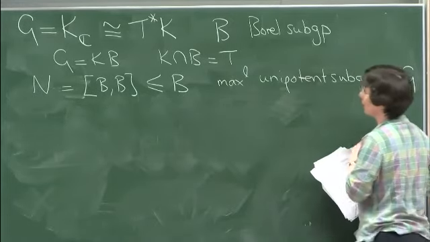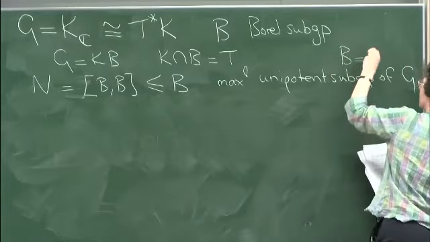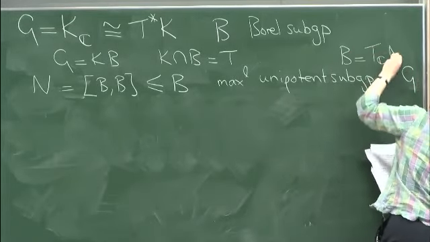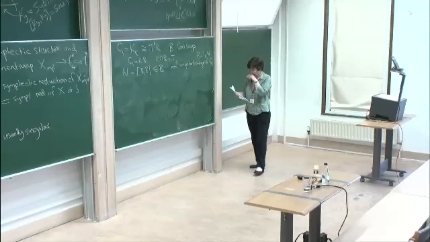Then, I guess we've got the Borel is the complexified torus times this unipotent.